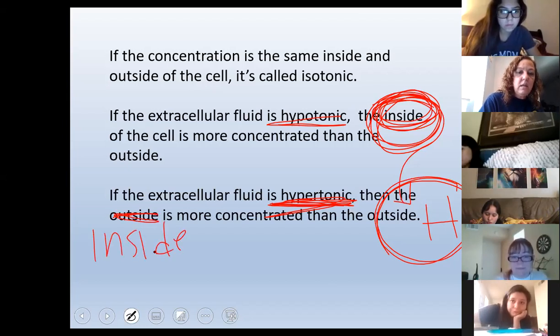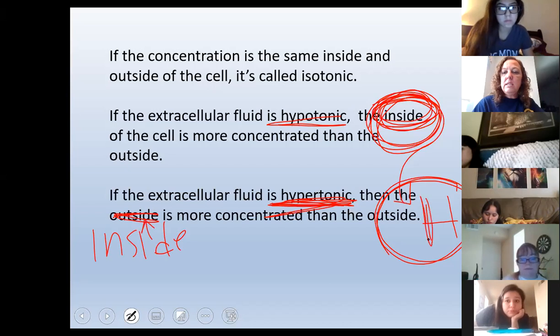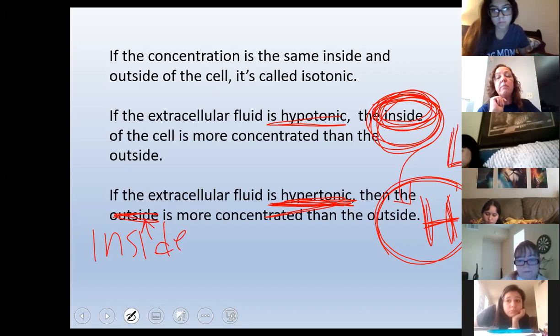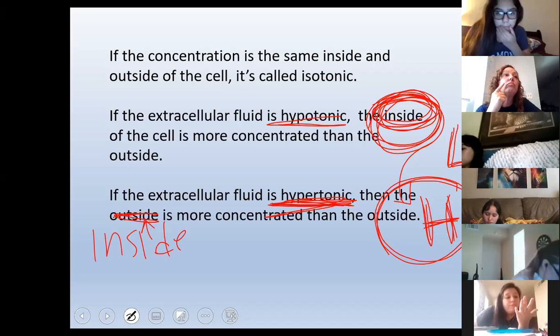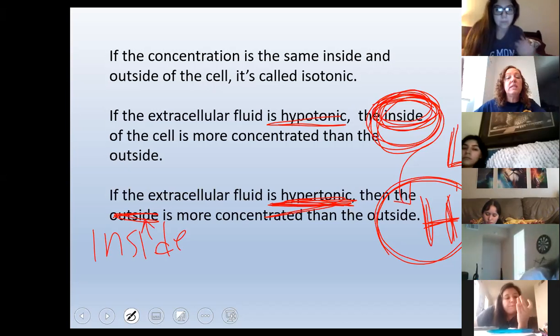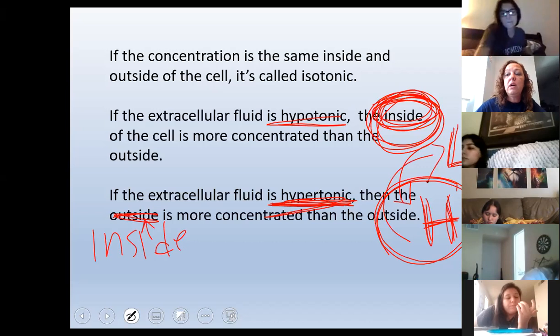Let's fix that. This word is inside. Inside, hyper, outside, hypo. Now tell me, in what direction is stuff going to move? It's going to move out of the cell. It's going to move with the concentration gradient.